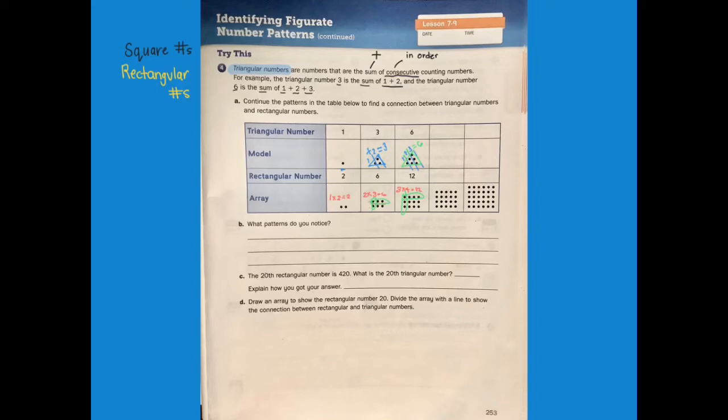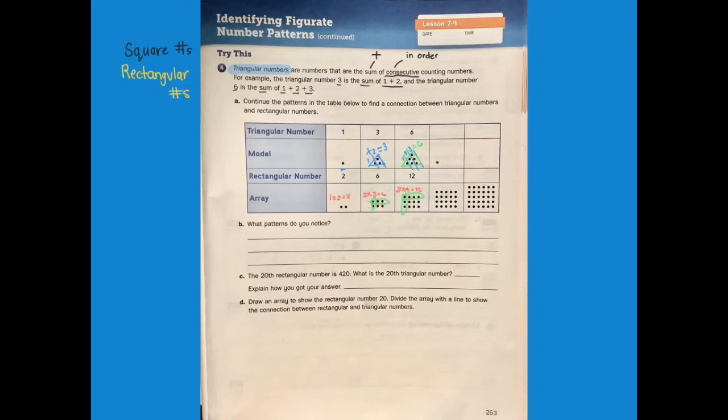We want to do 1 plus 2 plus 3, right? What do you think the next one's going to be? 1 plus 2 plus 3 plus 4. I think that's a good idea. Let's try it out and see if it makes a triangle. I'm going to start just like these are started over here. Make 1 dot.